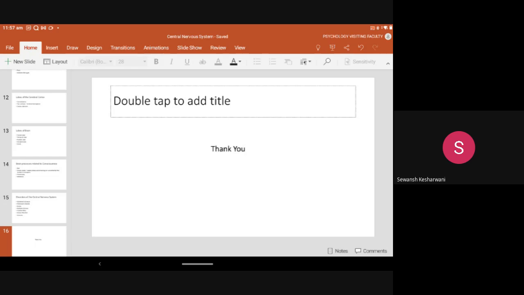There you can find the definitions of CNS, the forebrain and what it consists of, all the parts, and the functions of the frontal lobe. Explain the role of brain in consciousness, that I will cover in the next class.